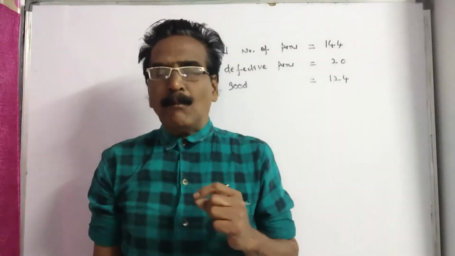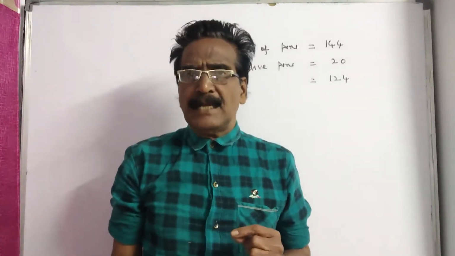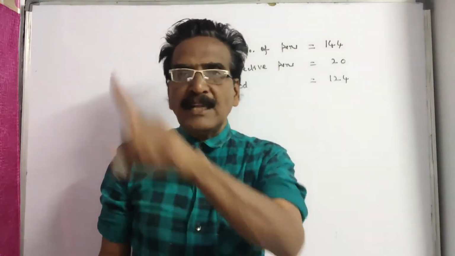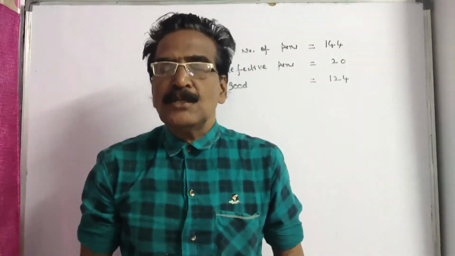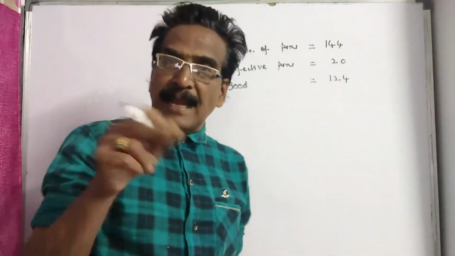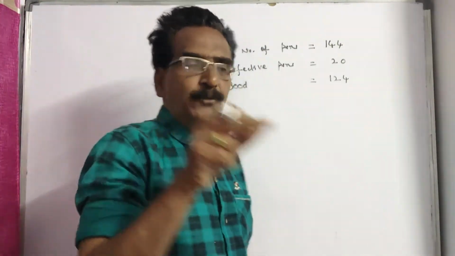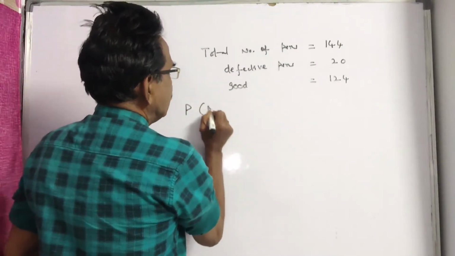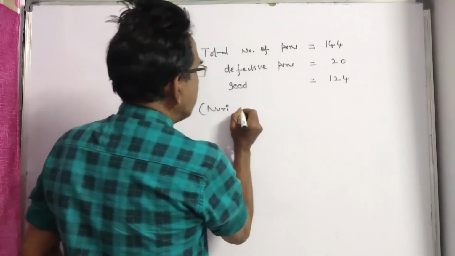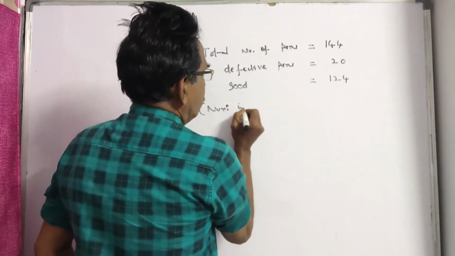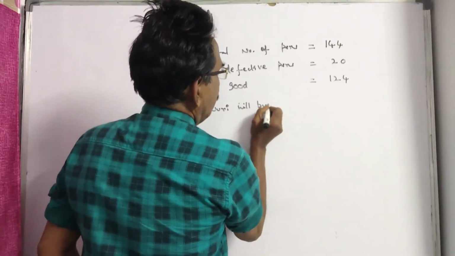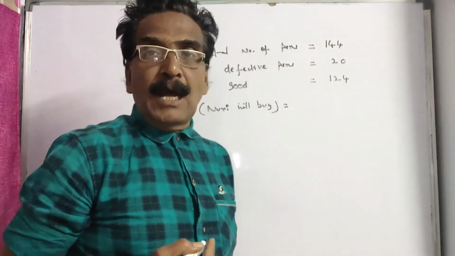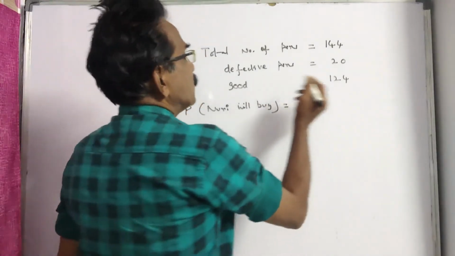Here Nuri will buy the pen if the pen is good, that is if the pen is non-defective. So the probability that Nuri will buy the pen is favorable outcomes over total outcomes.